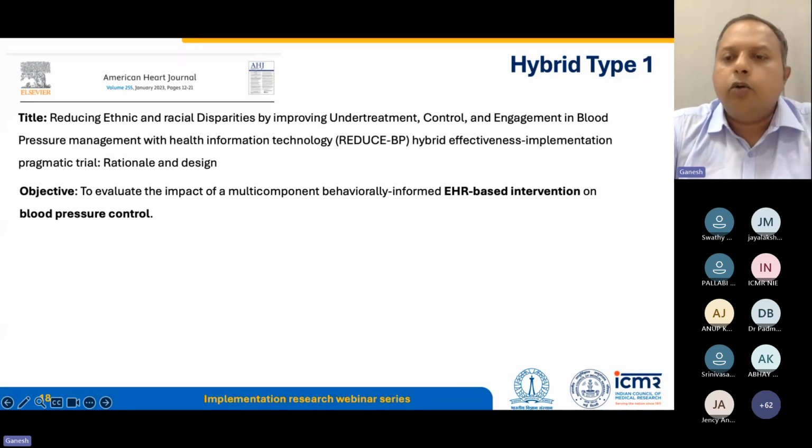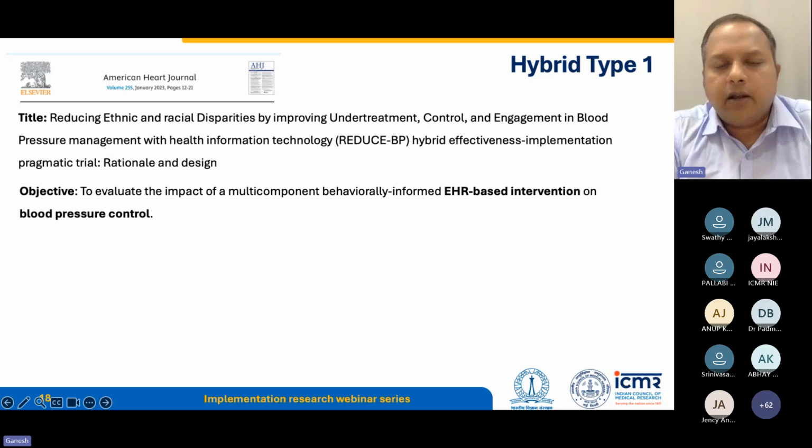To make it easy to understand, the objective of this study is to evaluate the impact of an electronic health record-based intervention on blood pressure control. In simpler form, what is the effect of a digital health intervention in improving blood pressure control? And simultaneously, if you see the title, they were trying to tell whether it could reduce the ethnic and racial disparities.